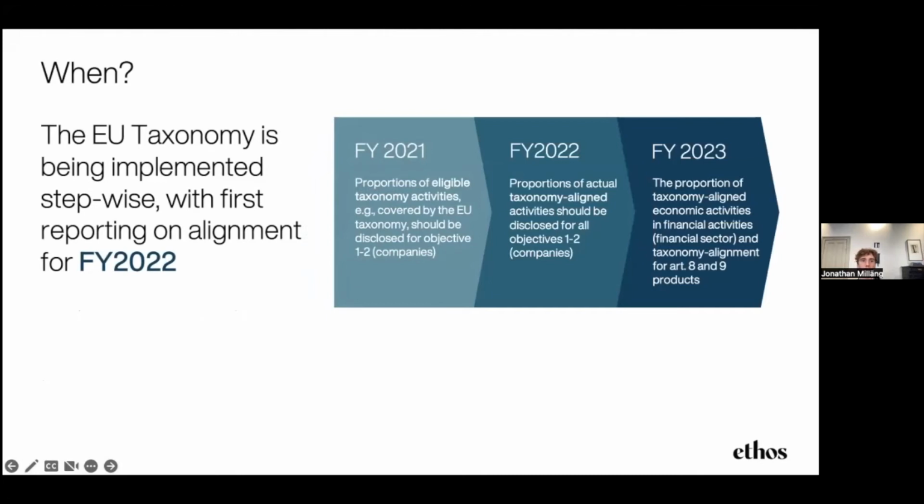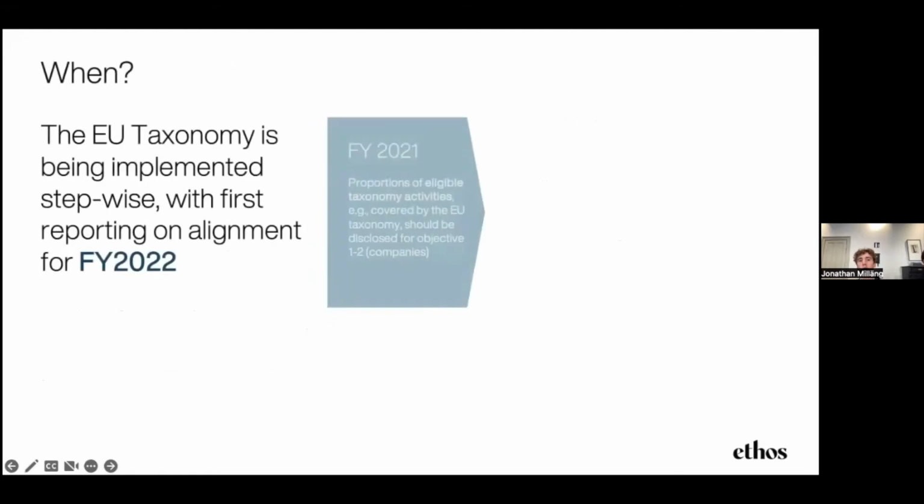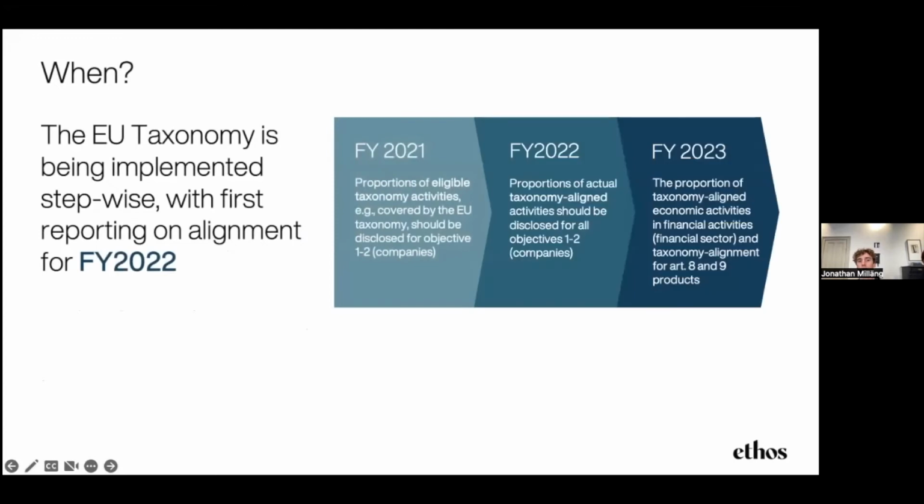The EU taxonomy is being implemented stepwise. So the first reporting on alignment will take place for this year in next year's report. In next year's report, companies that are listed and have over 500 employees will have to report the percentage of taxonomy alignment for turnover, capex, and opex that you see there on the right, for their whole revenues, capex, and opex.